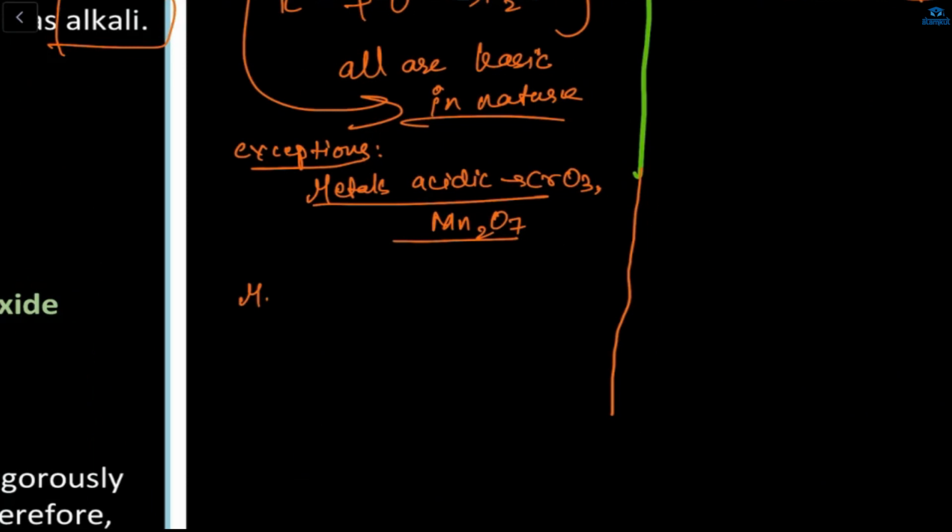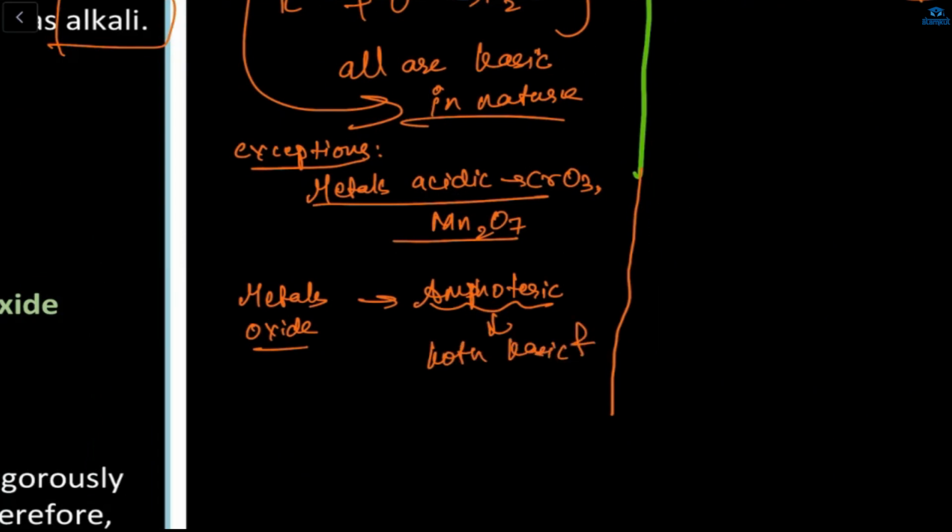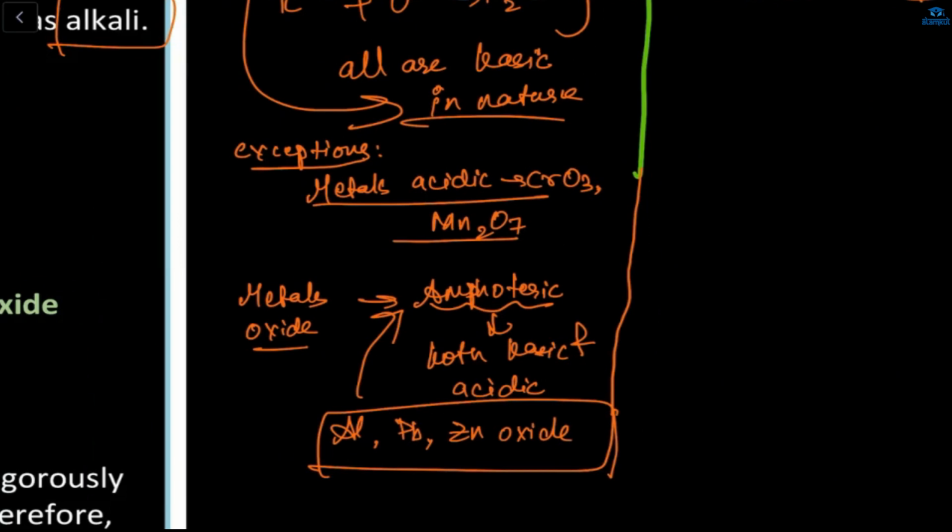One more important thing is the metal oxide which is amphoteric. That day also we discussed this word. Amphoteric means both basic as well as acidic. For example, aluminium, lead, and zinc oxides are all amphoteric, meaning they are basic as well as acidic.